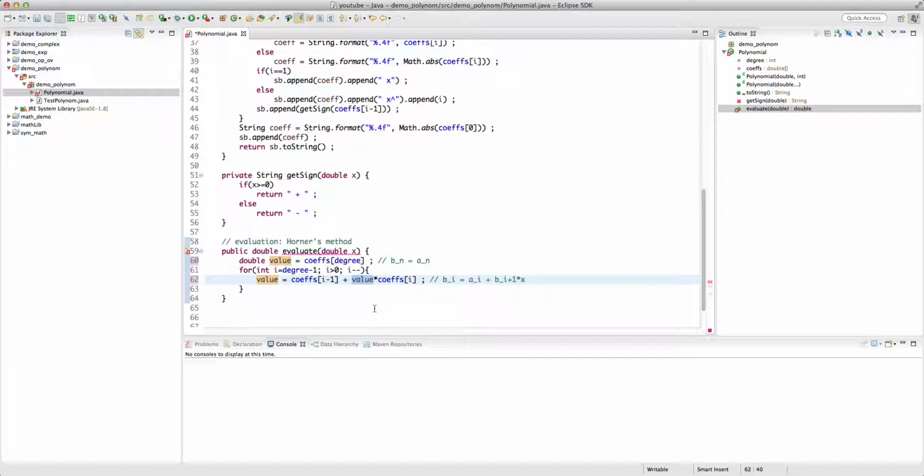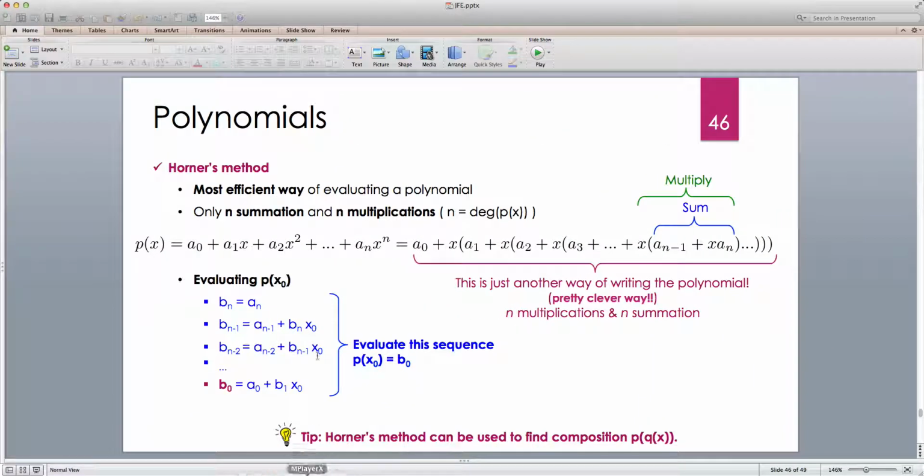So the mistake that we made here was that at each point we have to multiply by x, and then we just add it, right? This becomes the new value, and then let's go back to the PowerPoint.